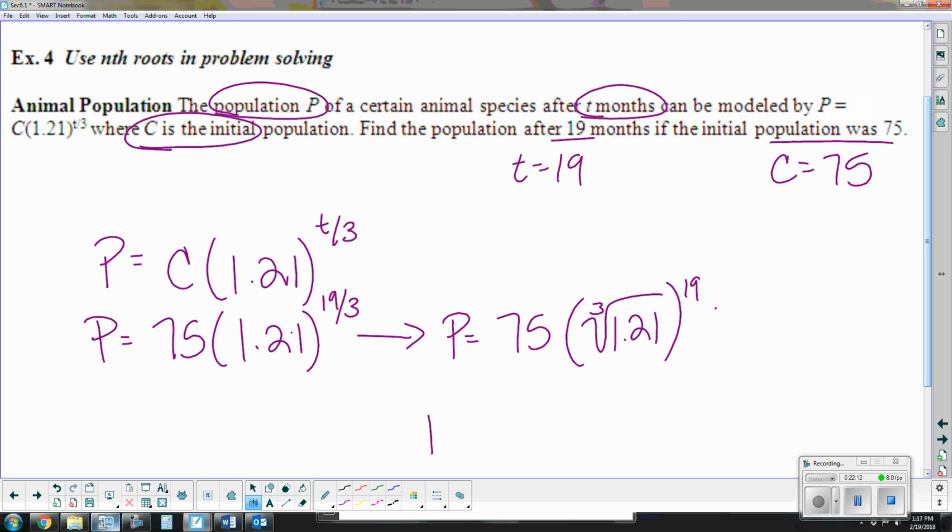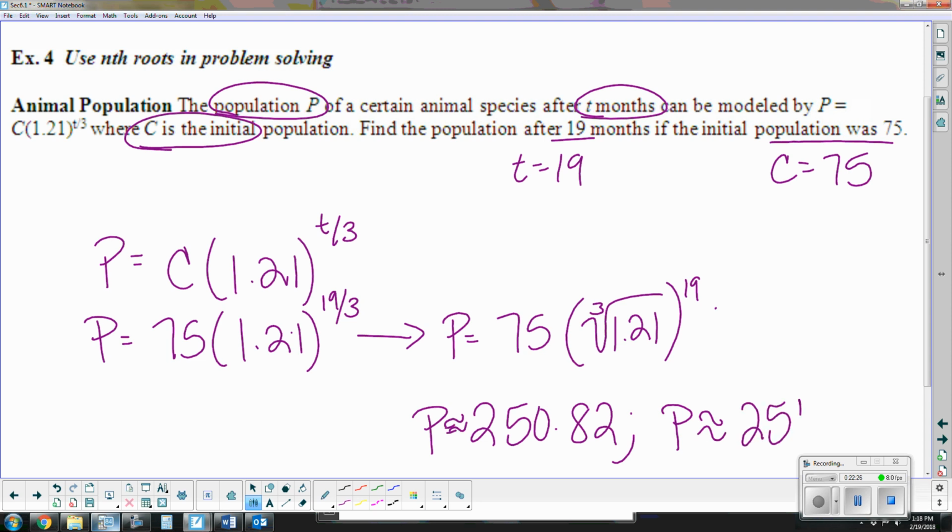So in this case, P approximately equals 250.82. Therefore, P approximately equals 251 animals, whatever the species is.